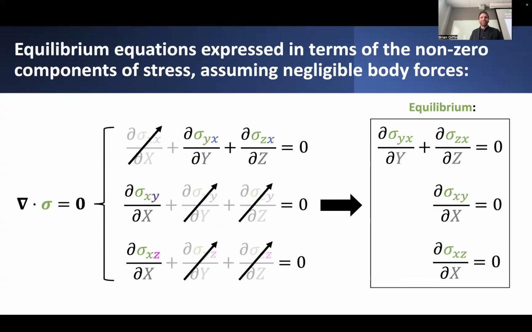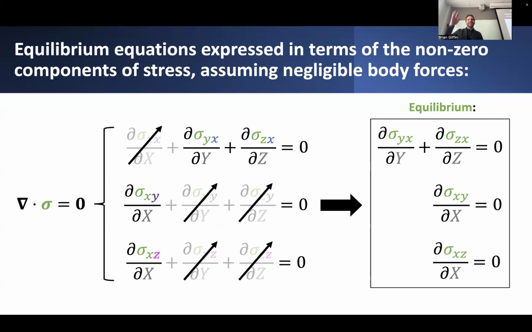Well, remember the other equations that we have to link everything together with. There's equilibrium. We've already gone through our kinematic descriptions and our stress-strain relationships. Now we have to apply equilibrium. If we happen to know that the only components of stress that are non-zero are these out-of-plane shear components of stress that arise due to torsion, all the other terms in our equilibrium equations go away.